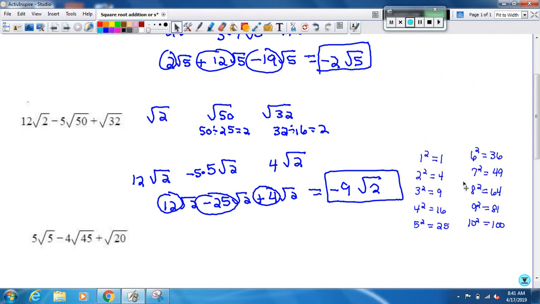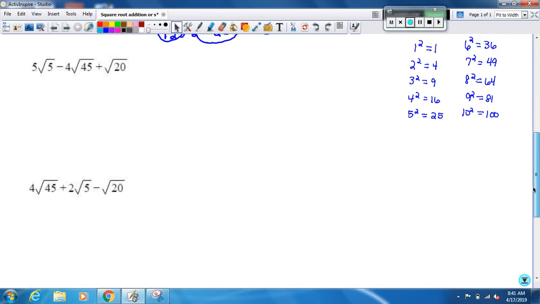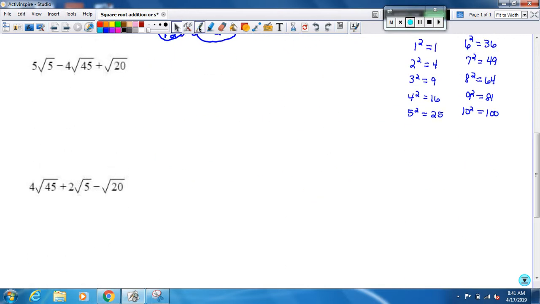So on the next one, we have a square root of 5, a square root of 45, and a square root of 20. So 5 can't be simplified, you just write it down. 45, we can do 45 divided by 9.